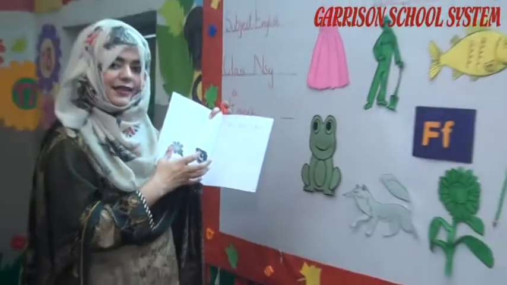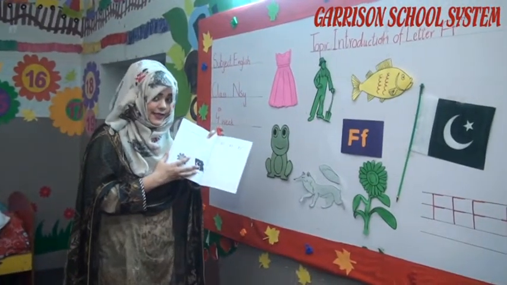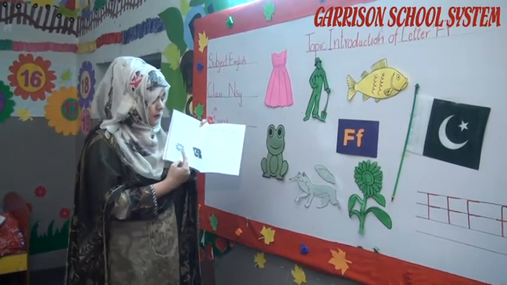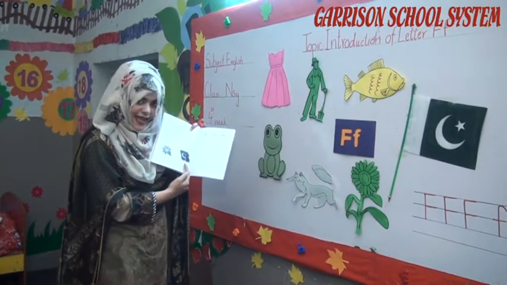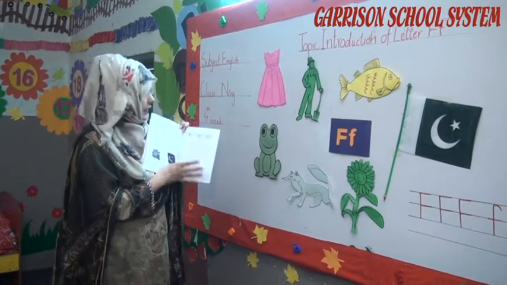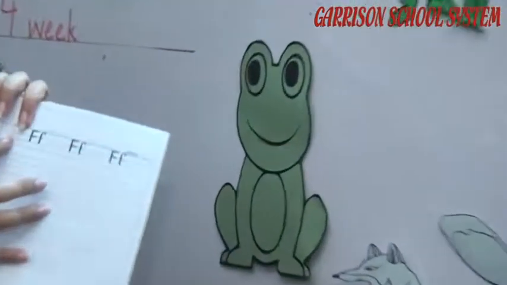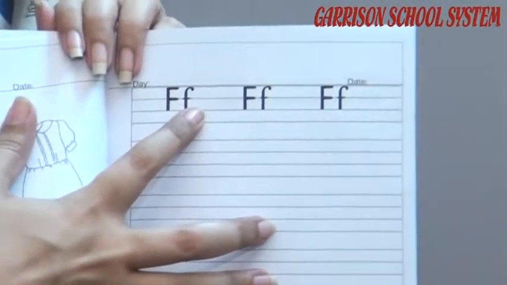So you are basically recognizing all these things, right? Frog, flower, flag, and after that you are gonna write the uppercase letter F and the lowercase letter f, right?